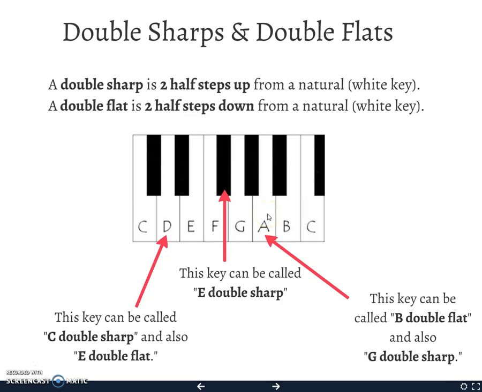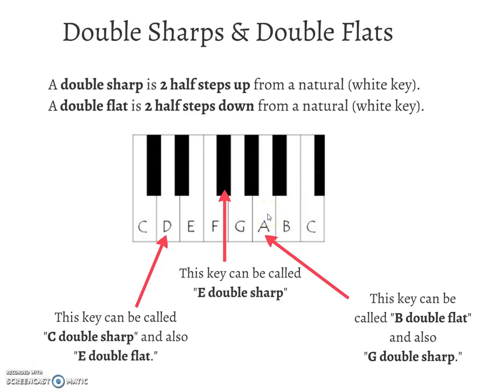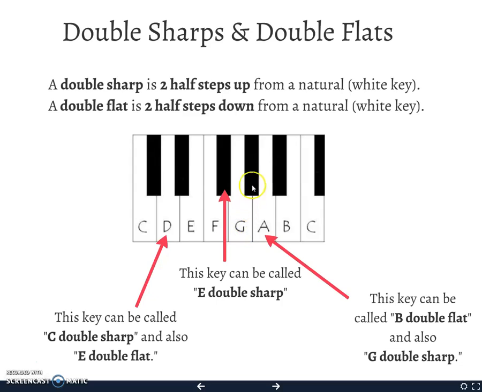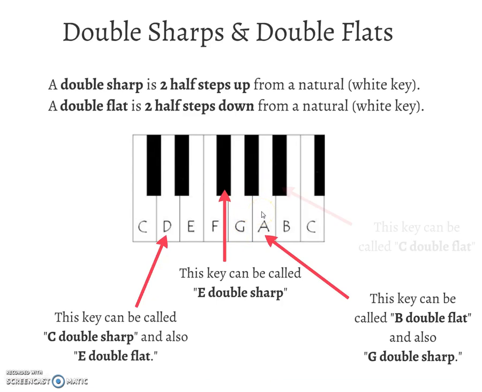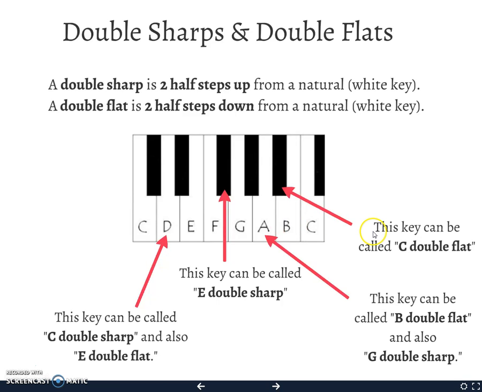We could call it G double sharp because it's two half steps up from G, G sharp, double sharp. We could also call it A. And our last example here, this key can be called C double flat because again there's no black key between B and C. So C, C flat, C double flat. We could also call it A sharp. We could also call it B flat.